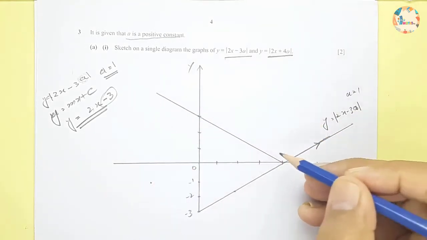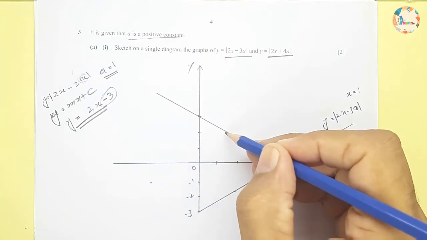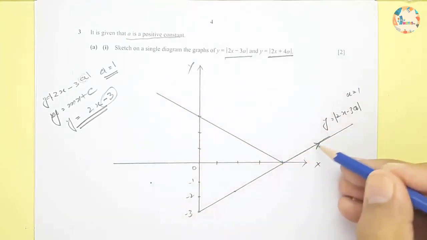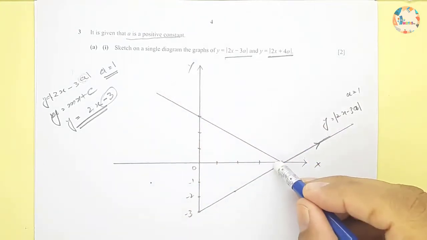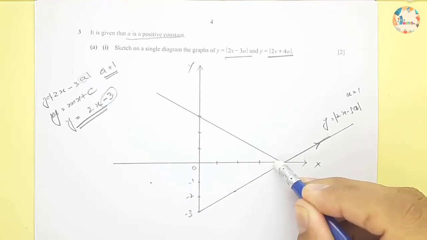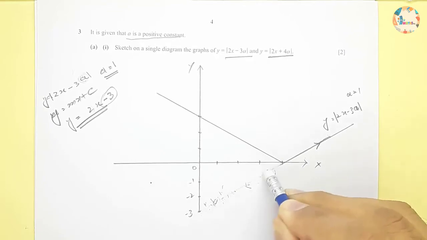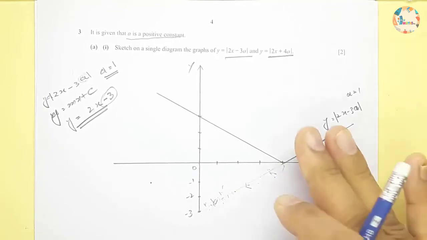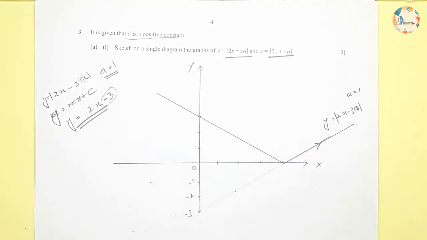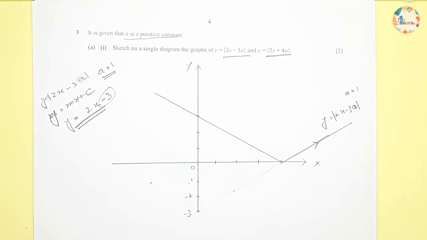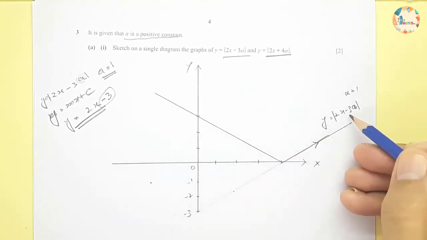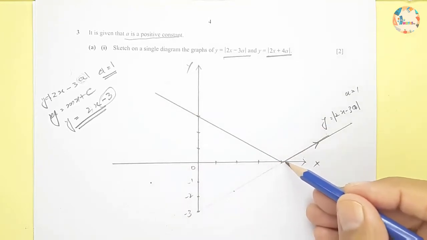This will be the line, this one and this one, and we can erase this. We could keep it also, but it's better to erase it so that we can draw the curve, because this is mod. So this is the sketch for y equals mod 2x minus 3.